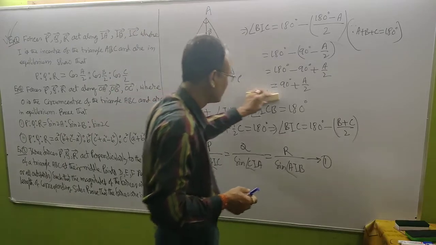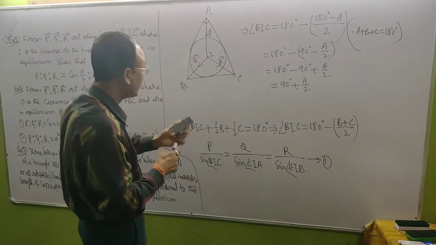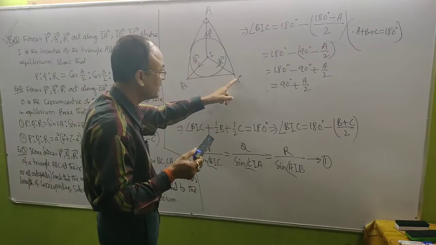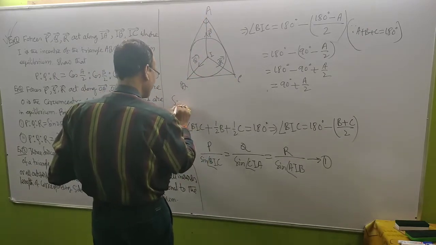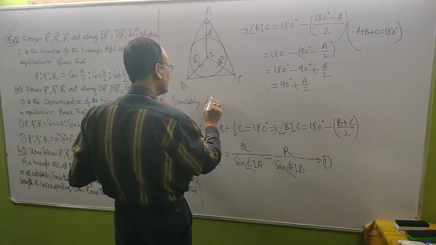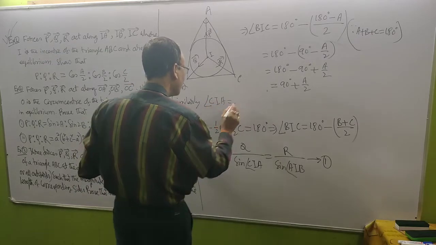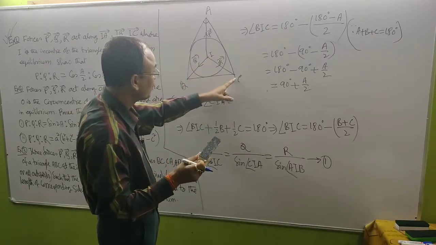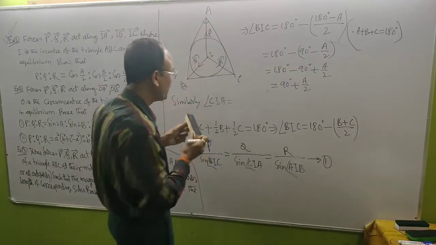Similarly, angle BIC equals 90 degrees plus A by 2. Similarly, angle CIA, if BIC equals 90 degrees plus A by 2, CIA will be 90 degrees plus B by 2.